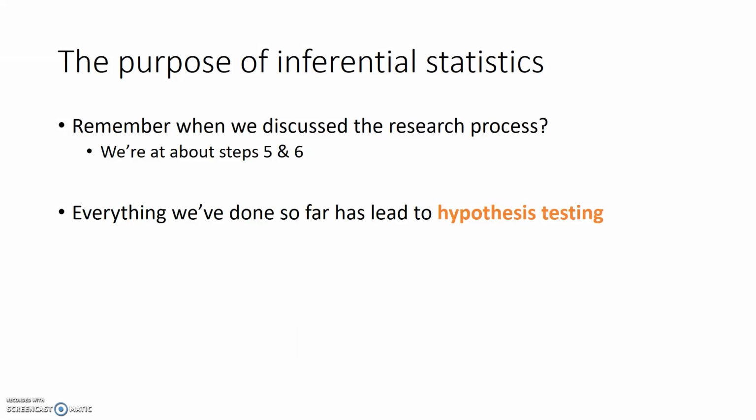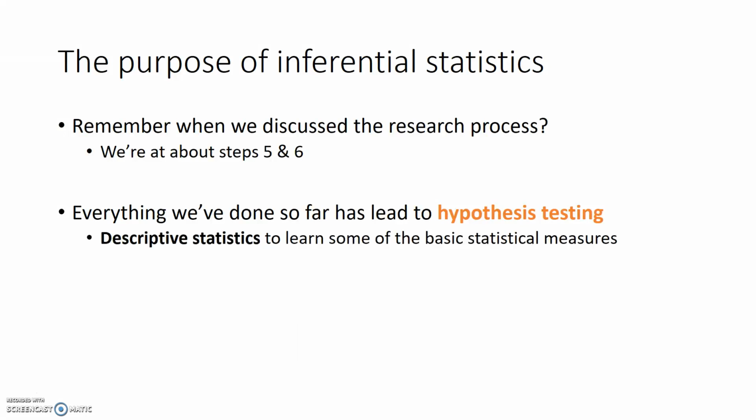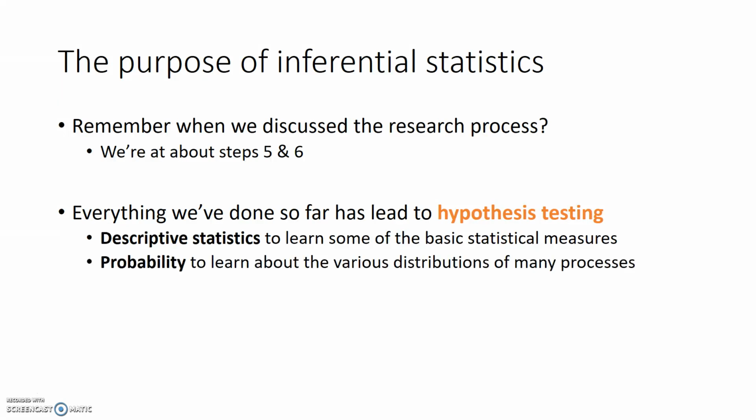So everything we've done so far has led up to this hypothesis testing. How so? Well, our descriptive statistics, those were to learn some of our basic statistical measures. We went through probabilities so we could learn about the various distributions of many common processes that we come across in society and in nature.